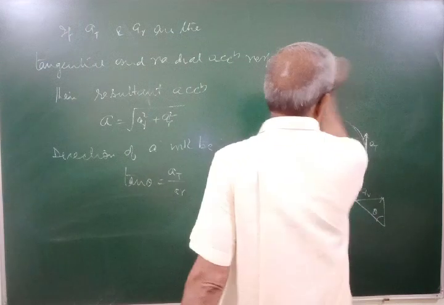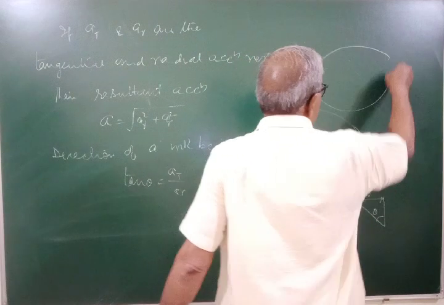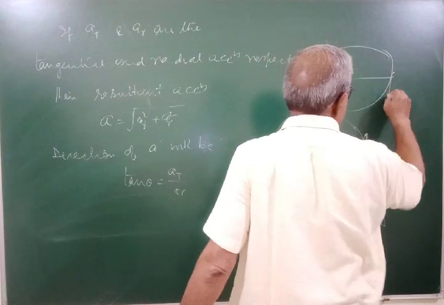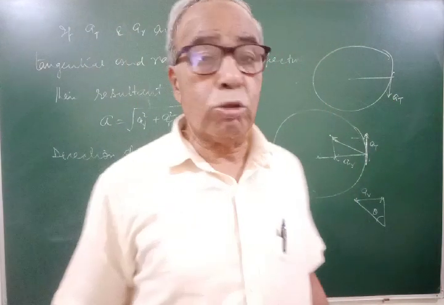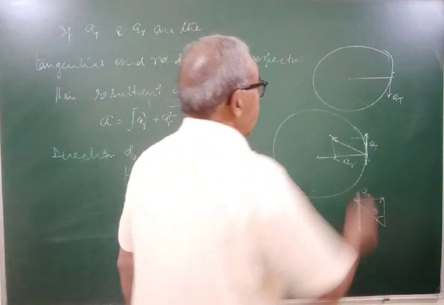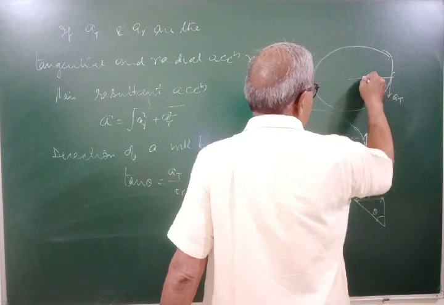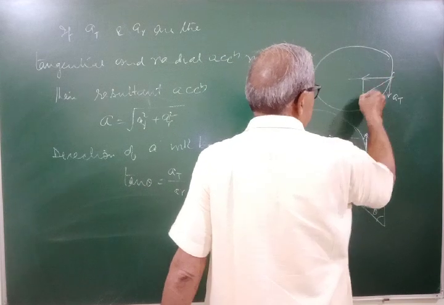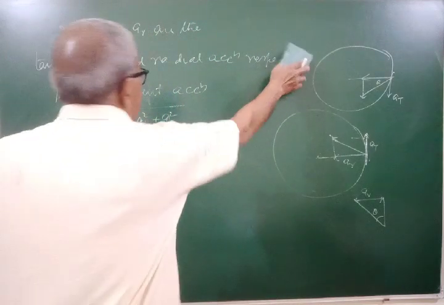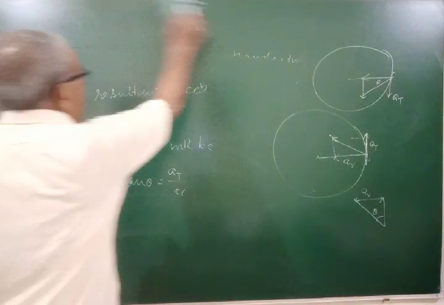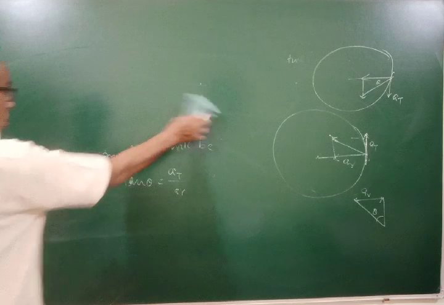But if the magnitude of speed decreases, then AT will be backward, because the direction of acceleration is the change of velocity, and then with AR the resultant will be like this.